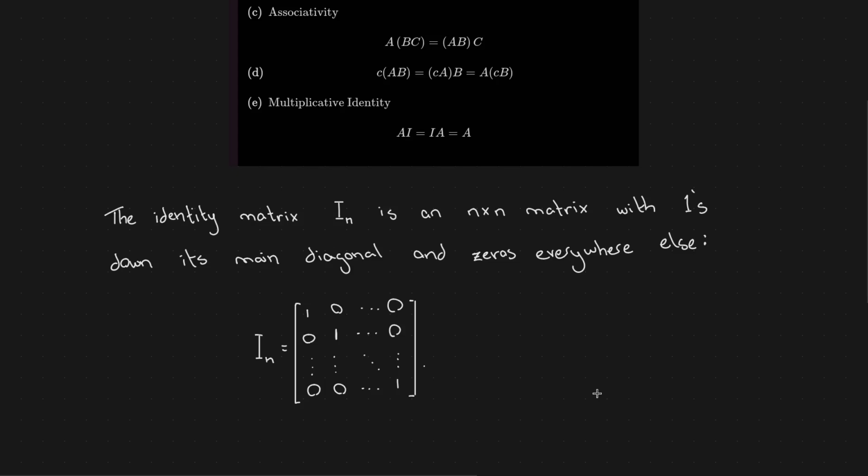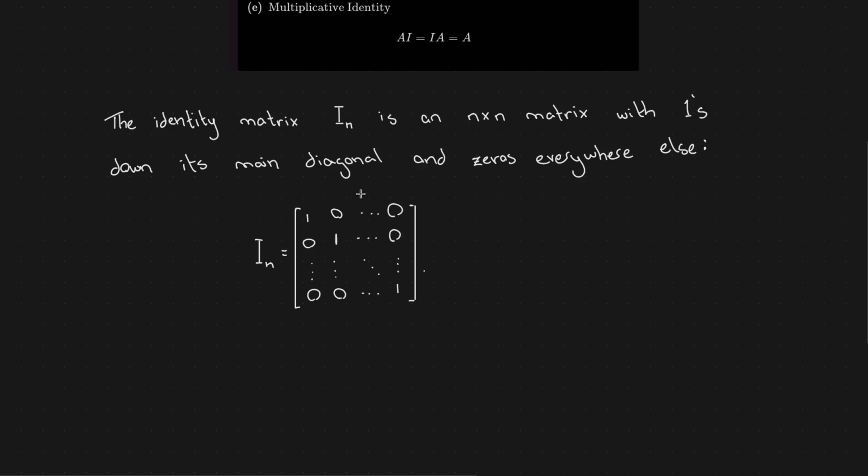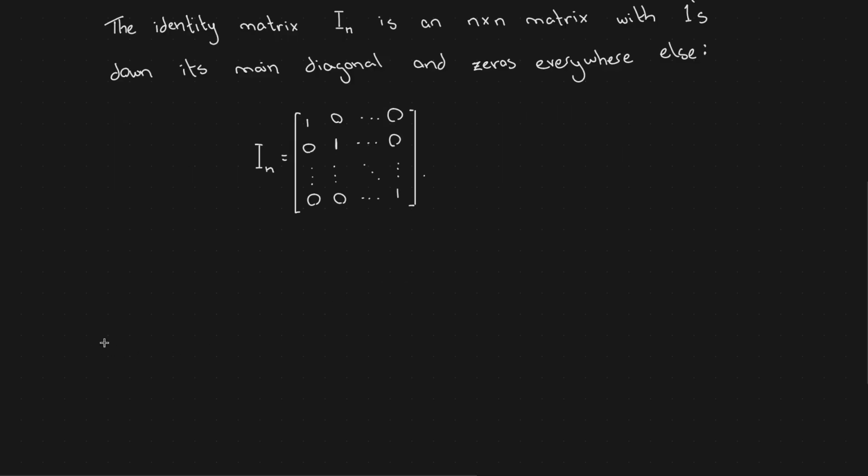So let me give you an example just so you could be convinced of this fact. Okay? Let A equal the matrix 3, 2, 1, 0, negative 9, 4. Okay?